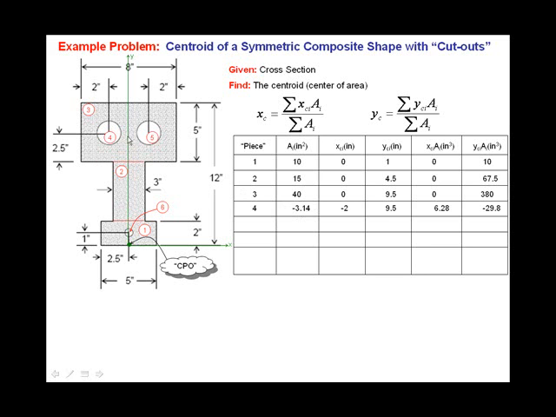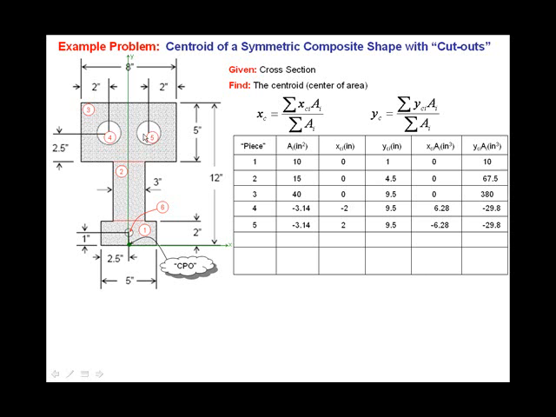Now, it does not lie on this line of symmetry, so it has both an x and a y distance to the centroid. Horizontally, it is 2 inches to the left, or a negative 2 inches from our CPO, and it is 9.5 inches up from that CPO. Shape 5, another circle, again 3.14 square inches of area, again negative because it's cut out.